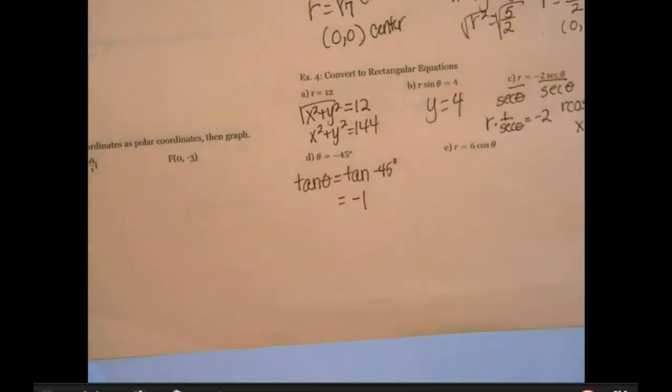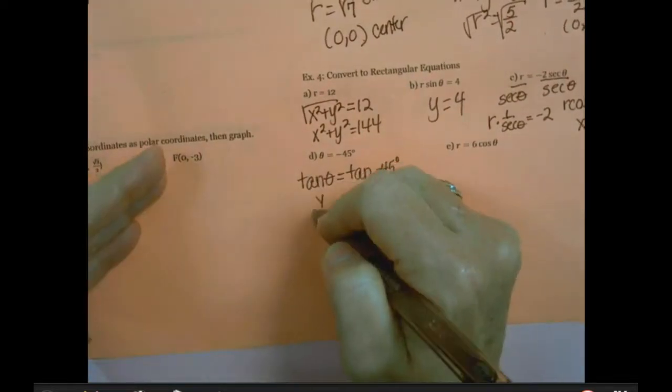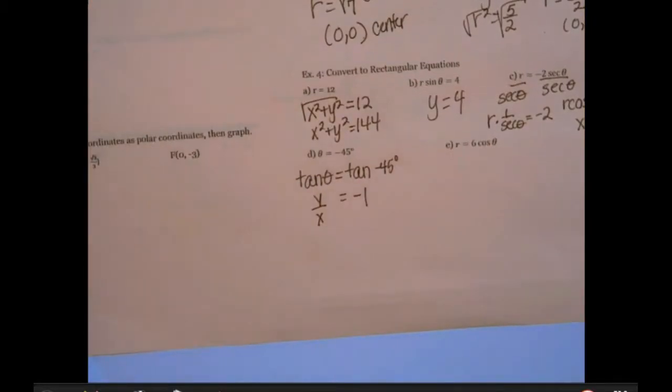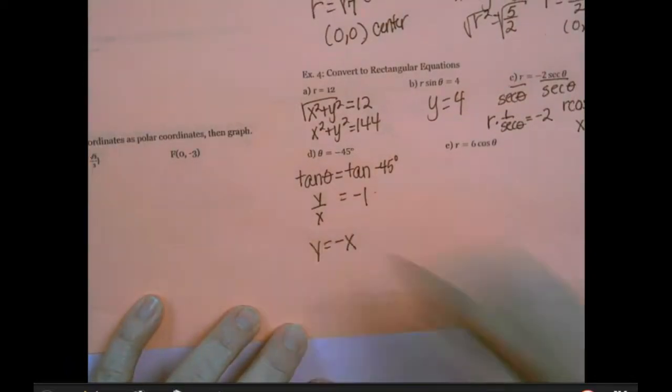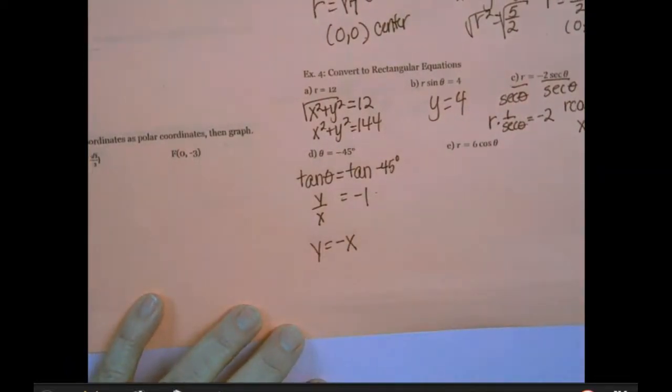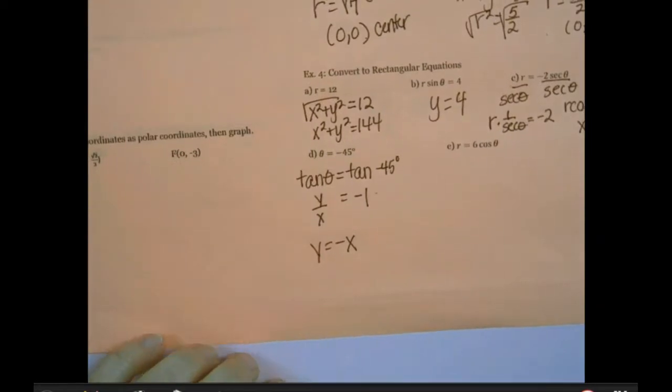Now, I have to switch from theta into x and y, right? So what is the tangent of theta? It's y over x. And so can I just move this x to this other side? No. So here's what I want you to look at, guys.